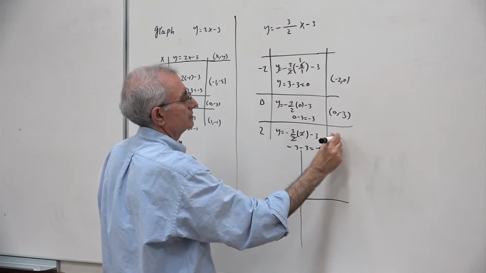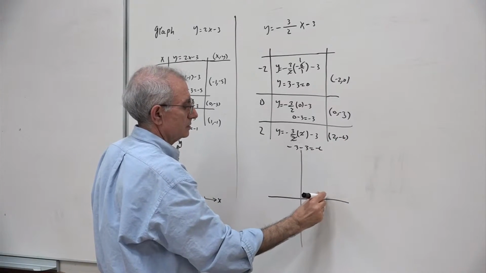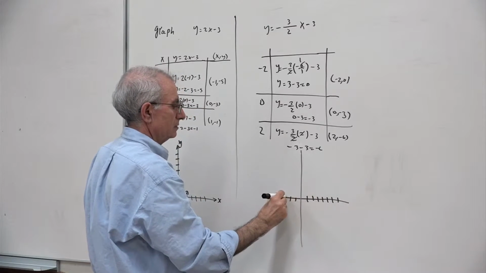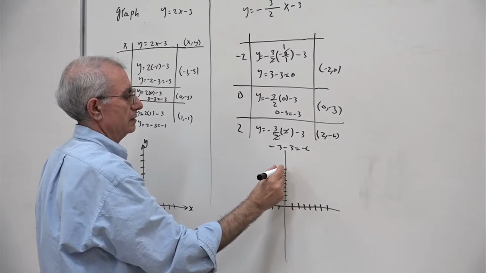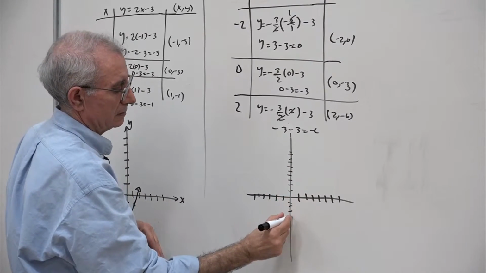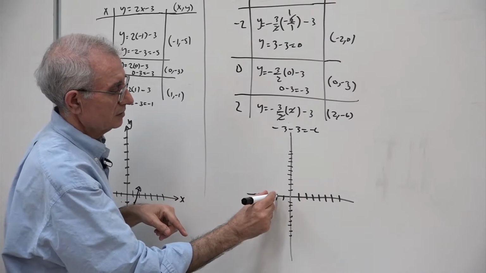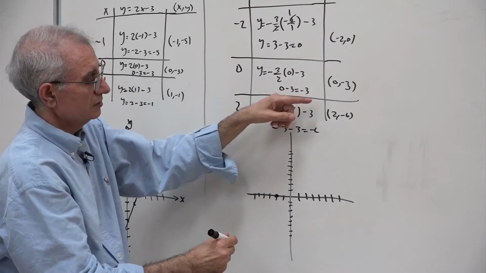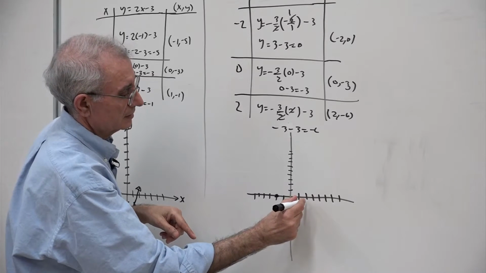So you get 2 and negative 6. Let's plot the points. The first one is negative 2 and 0, which is here. The next one is 0, negative 3, which is here. And the next one is 2 and negative 6, which is here.